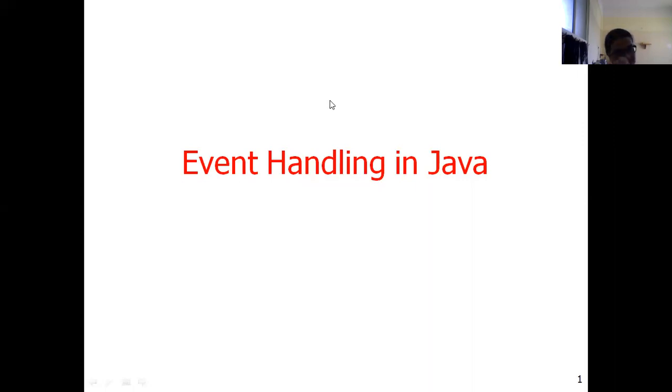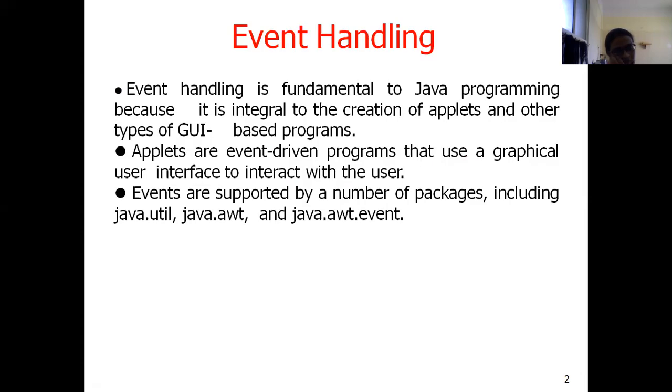In the event handling mechanism, as I said, it is used for interacting, like when you want to build a graphical user interface. Take, for example, the Gmail login page.